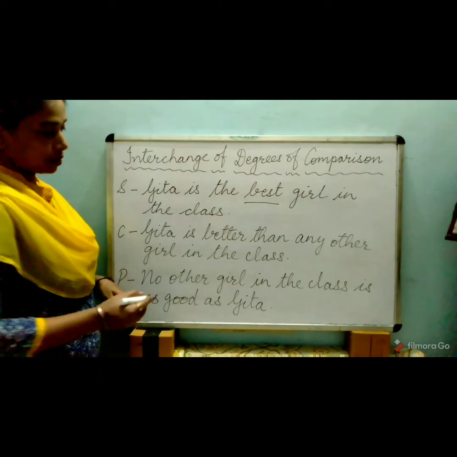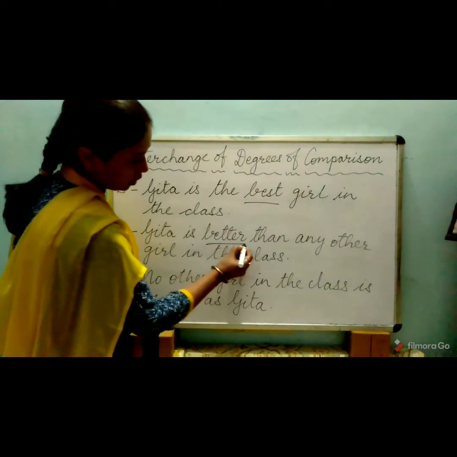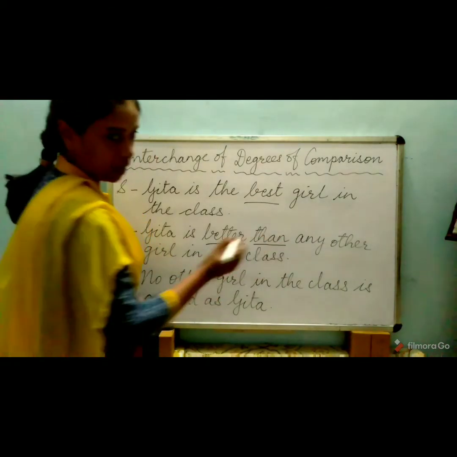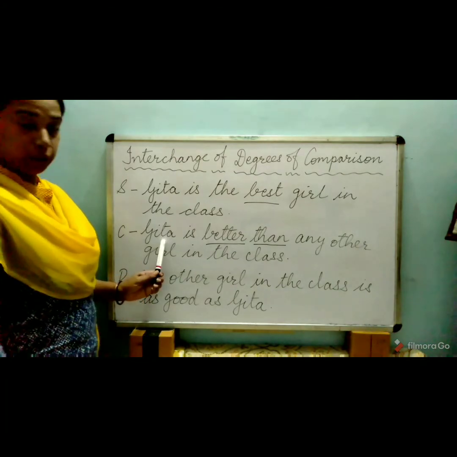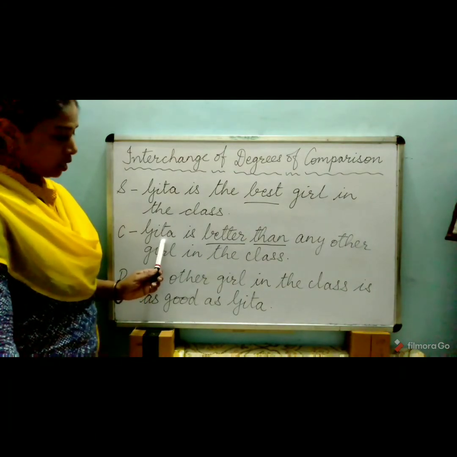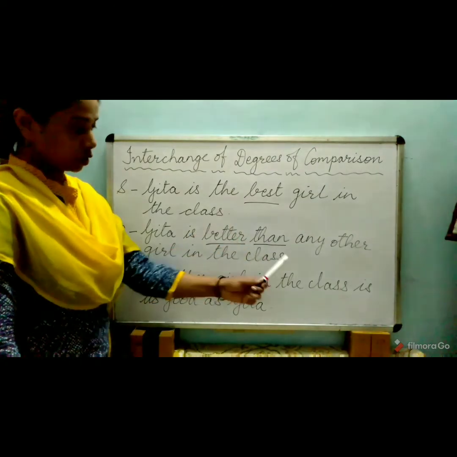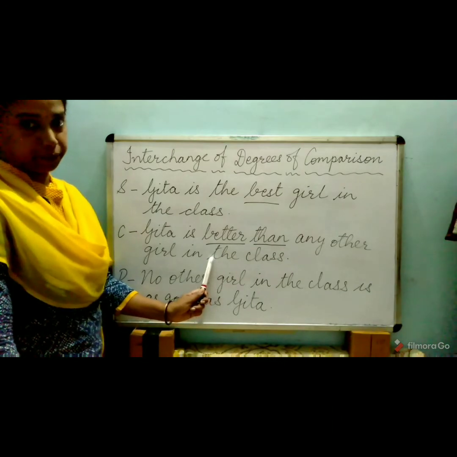Now here the comparison has been made by using a comparative adjective and it has been followed by than. Then in such a case, the person or thing which is compared has to be excluded from the group with which it is compared.